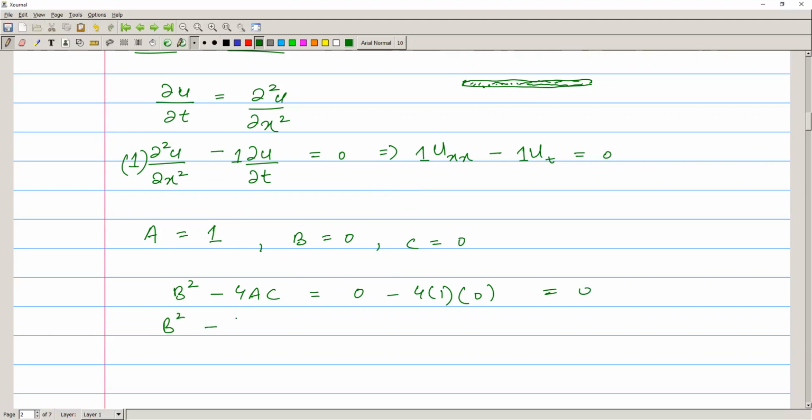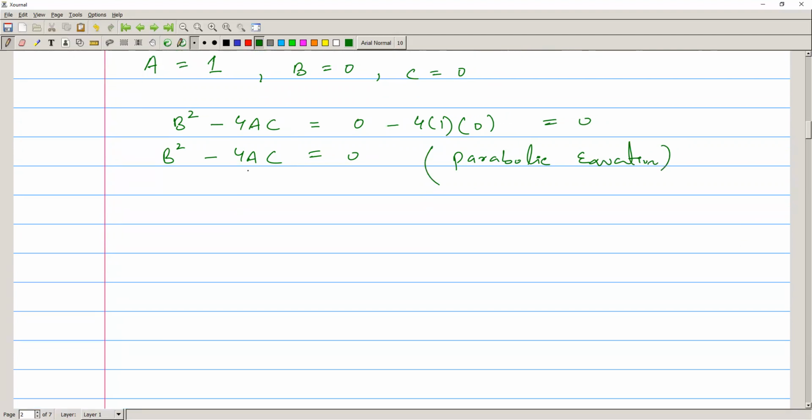So b squared minus 4ac equal to 0 means this is a parabolic equation. All right, so the class of this classical heat equation is a parabolic type PDE, right?